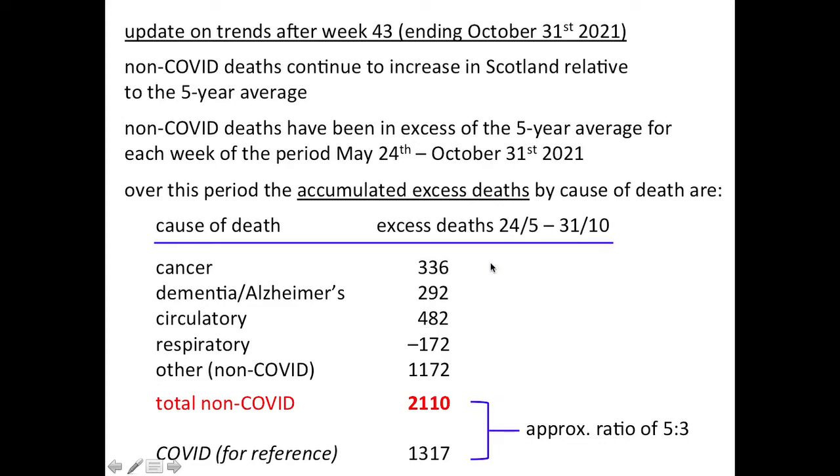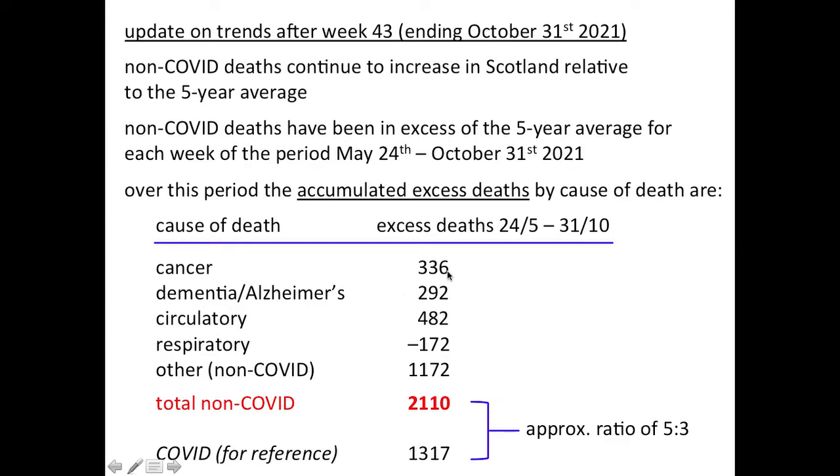So from those curves I just showed you, this is not the total number of deaths from cancer, it's the excess, the number of deaths in this period relative to that period in the 5-year average. So the excess deaths from cancer in this period have been over 300.